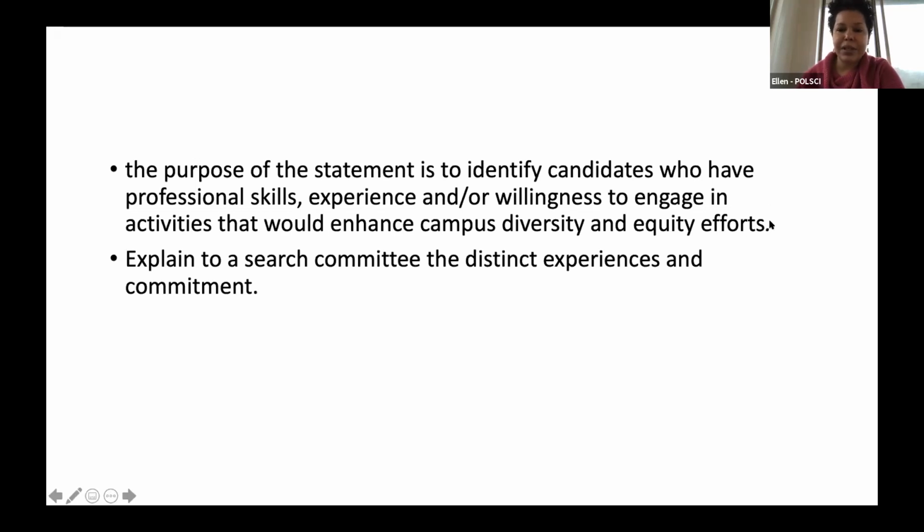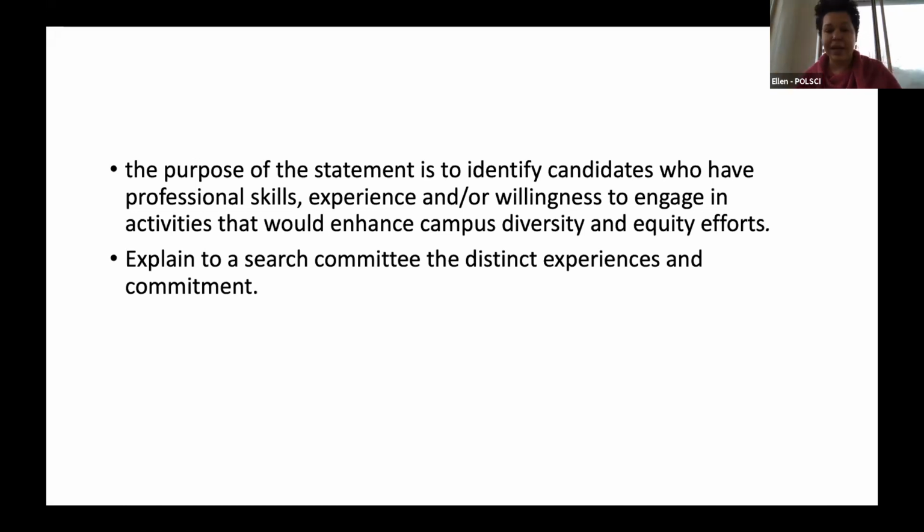It's pretty much a work of identifying what the institution or what your unit refers to in terms of diversity. Another topic that is more or less controversial is how to write a diversity statement. If you Google this, as I did, you will see that different institutions have different approaches and suggestions.